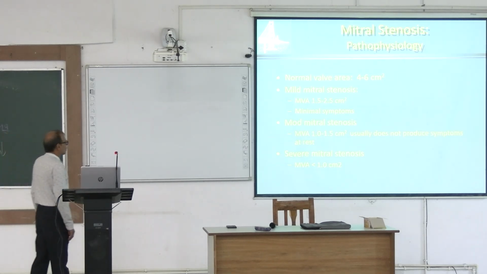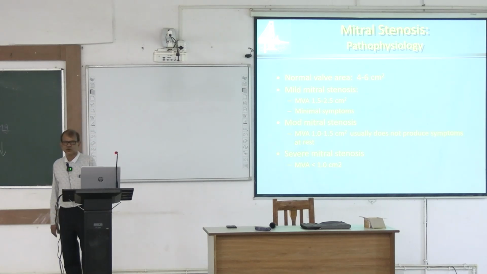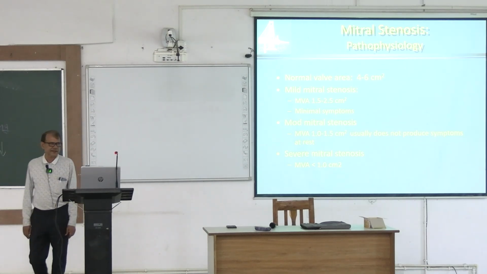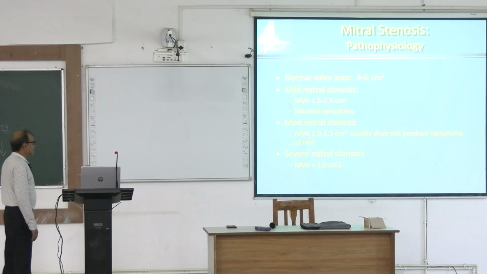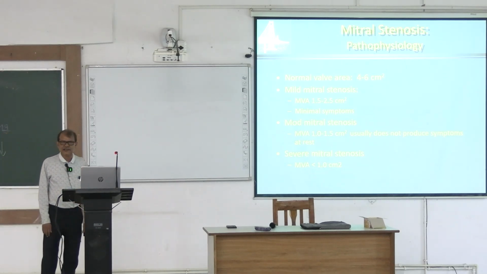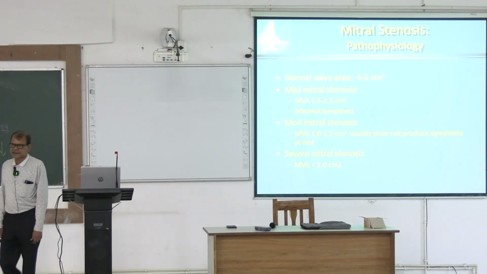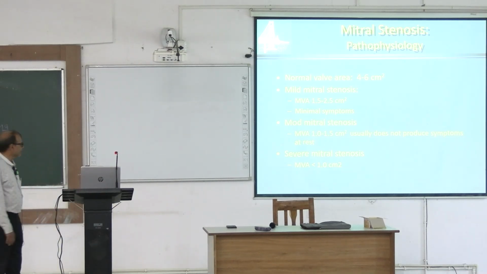Now, pathophysiologic basis. Normal mitral valve orifice area is 4 to 6 square centimeter. Mild mitral stenosis 1.5 to 2.5 square centimeter. Usually symptoms are minimal either at rest or on exertion.